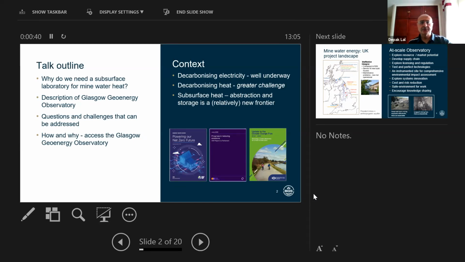And subsurface heat abstraction and storage is a relatively new frontier. And of course, I'm sure you're familiar with the three documents on this slide: powering our net zero future, progress in reducing emissions, and the Scottish government document on update to the climate change plan. And these basically set out the context in terms of what we're trying to do.